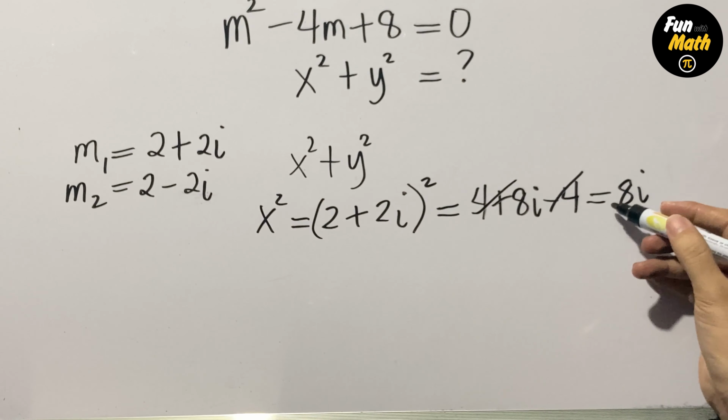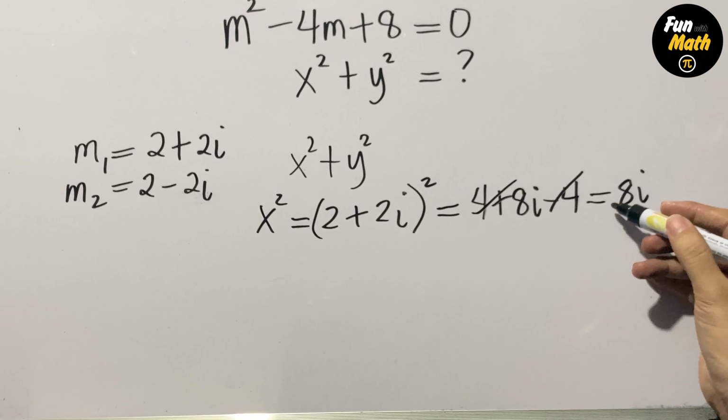Now, moving on to y squared. Let y squared be equal to our m2, which is 2 minus 2i. And same, we are going to put a squared, and that is equal to 2 squared, that is 4. And then 2 times 2 times negative 2i, that is negative 8i.